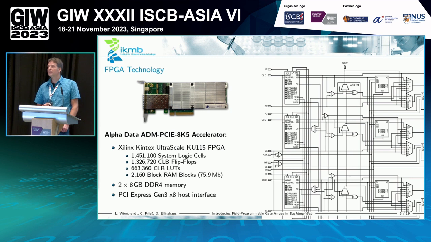I inserted this slide because probably many of you don't know what FPGAs are. An FPGA is a type of circuit which is different to GPUs or CPUs, where you simply write a program which is executed with tasks processed sequentially or also in parallel. For an FPGA, I can define how the circuit behaves.